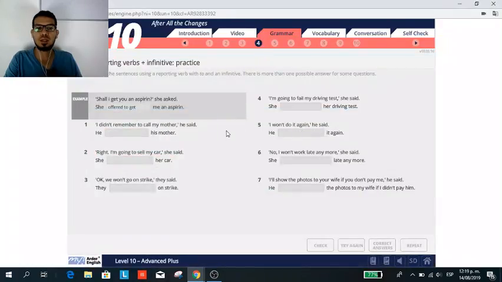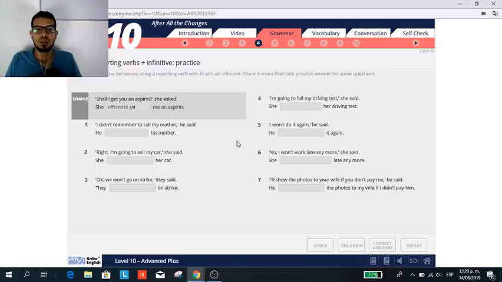Let's go back. Okay, here is a very interesting exercise because we have to type in the answers, and here we have to make sure to write and type correctly, including punctuation and everything.